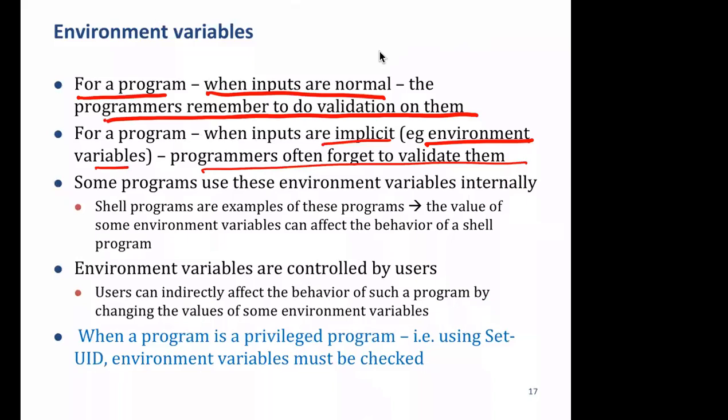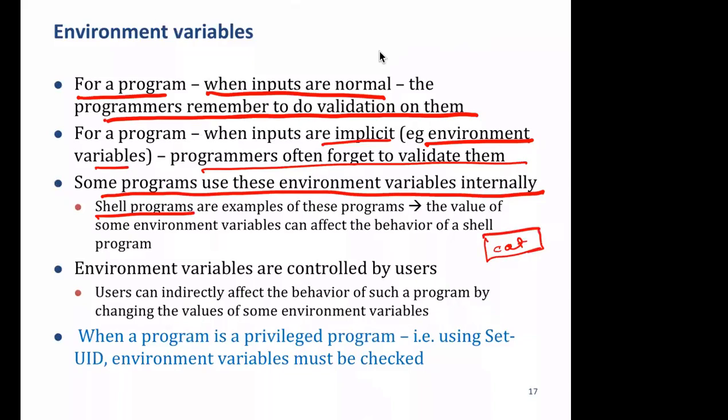Some programs use these environment variables internally. They always use them. Shell programs, for example, use them internally. When there is a shell open, and you execute a file, you say, for example, cat, or do something.